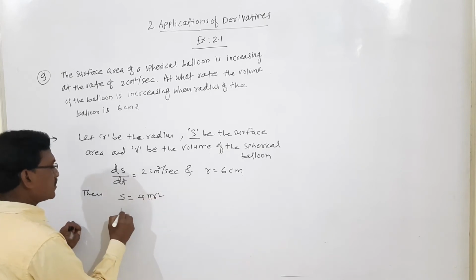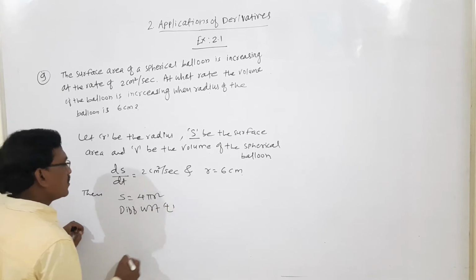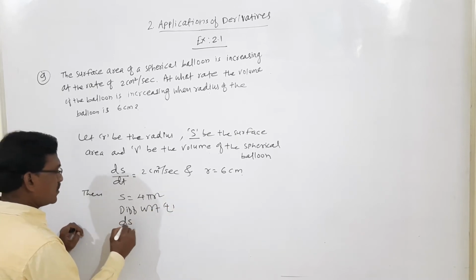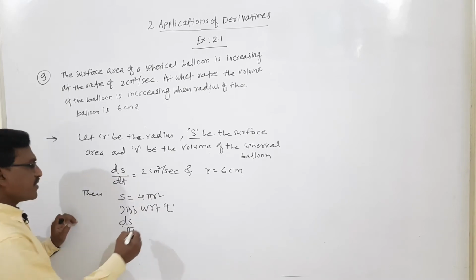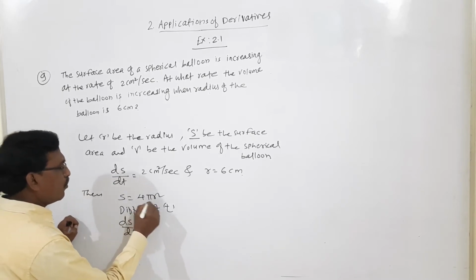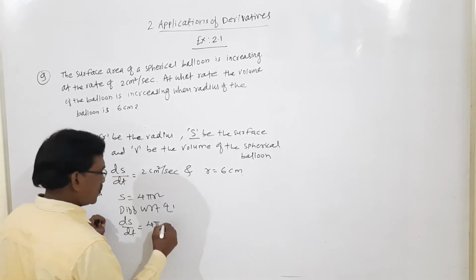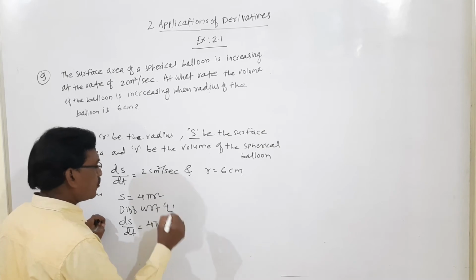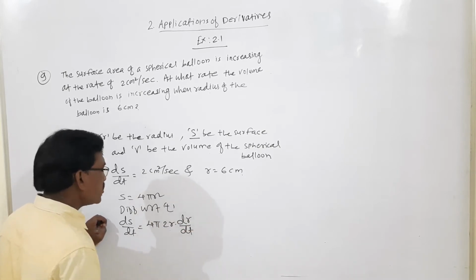Now differentiate with respect to t, so dS by dt is equal to 4 pi, which is a constant, and the derivative of r square is 2r, and by chain rule, the derivative of r with respect to t is dr by dt here.